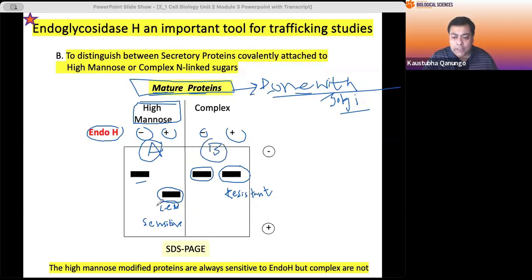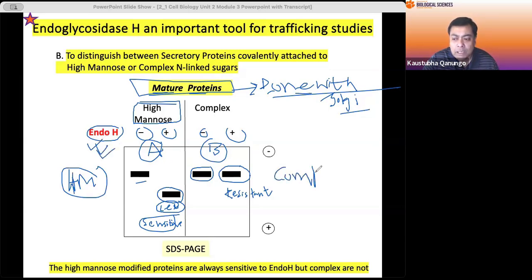Wherever you see a digestion of that protein, which is sensitive, you know that this is high mannose. High mannose is always susceptible to endo H. But this is complex. So your B protein is complex right here.